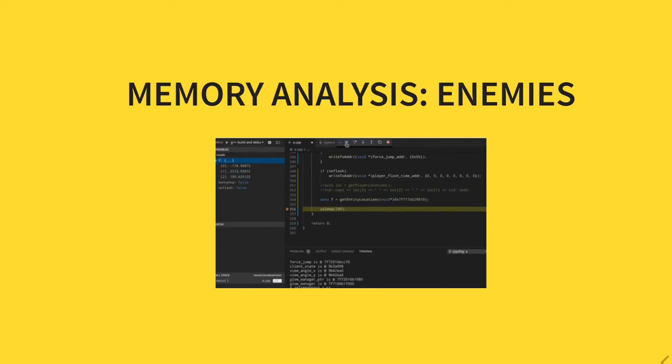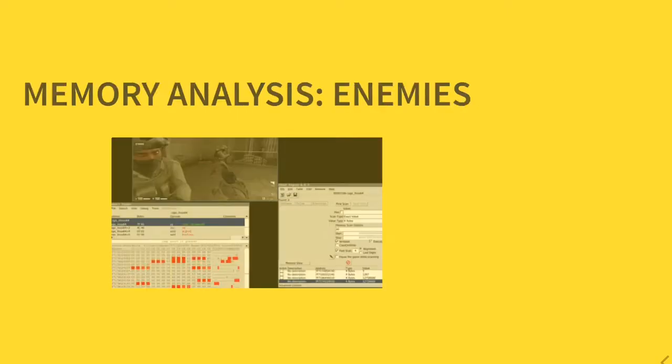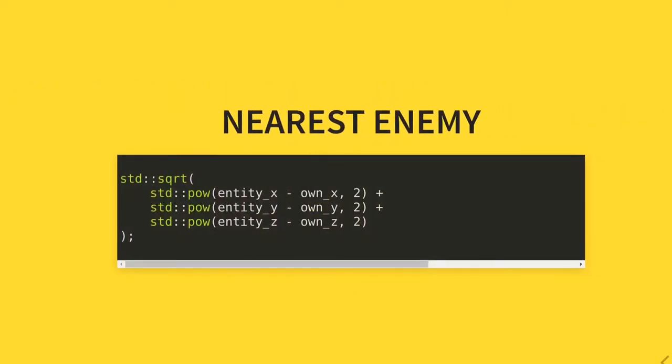And with that, of course, all coordinates of them. And now you can calculate the 3D distance from you to the nearest enemy. So you take all enemies, perform this calculation, and you check the minimum of this calculation, and then you have the nearest enemy.